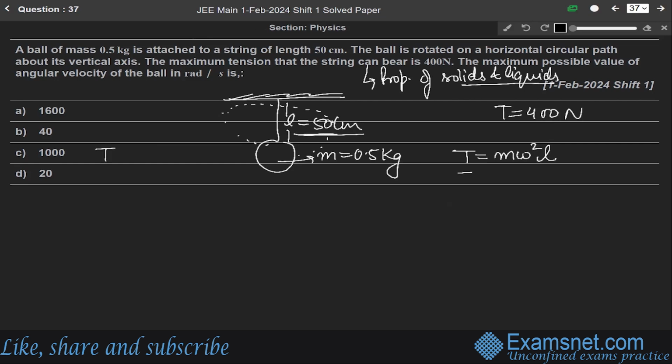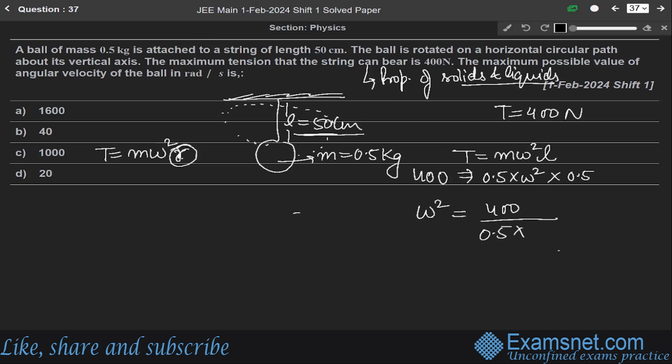Or we can write T equals m omega square into R, where R we considered here as length. So tension is given as 400, mass is given as 0.5 kg. We have to find this omega, and length is given 50 centimeter, means 0.5 meter. So solving it, we get omega square equals 400 over 0.5 into 0.5.